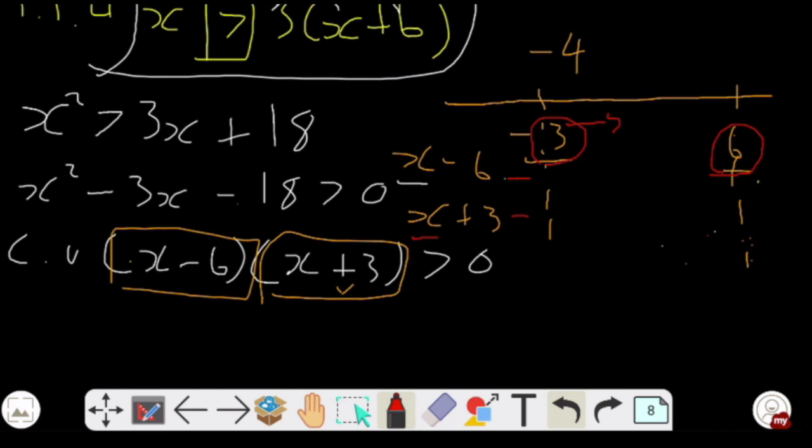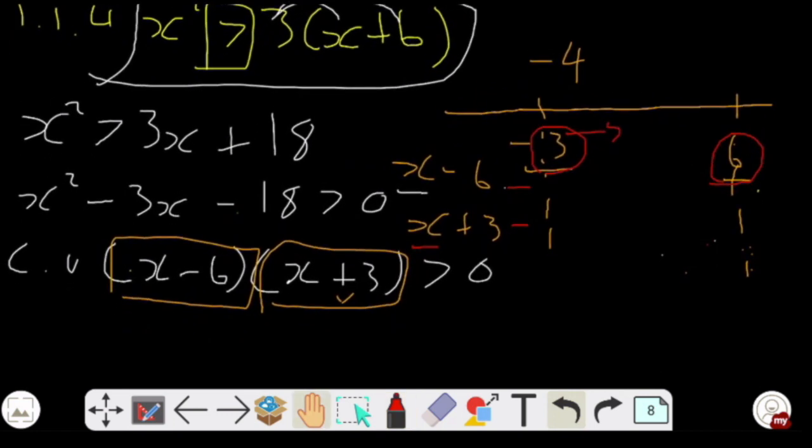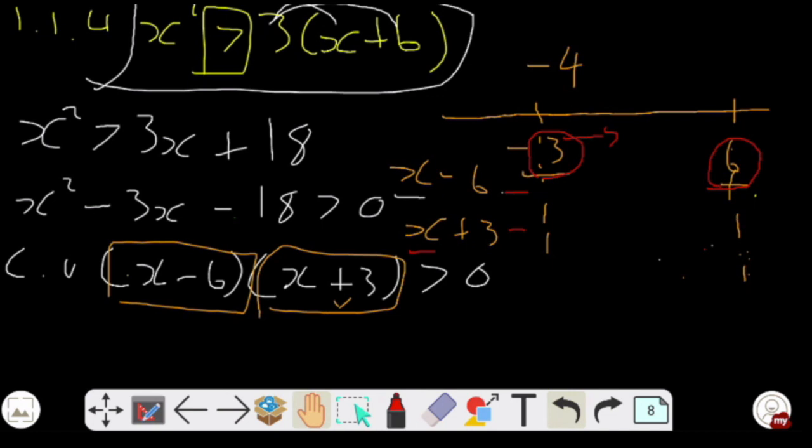Negative 2 substituted here will give us a negative sign, and negative 2 here will give you a positive.